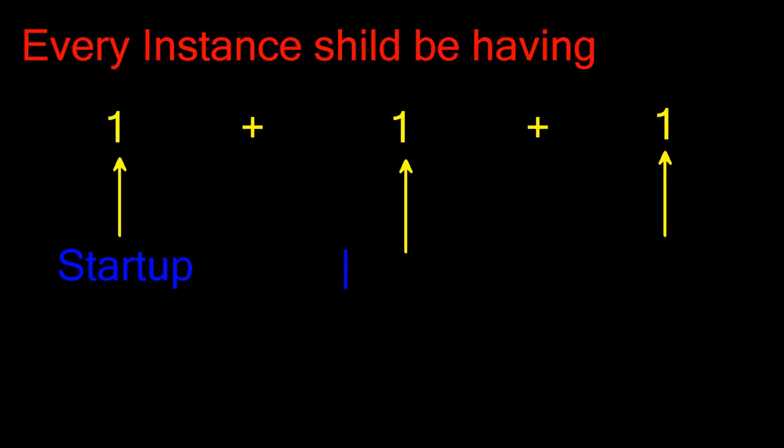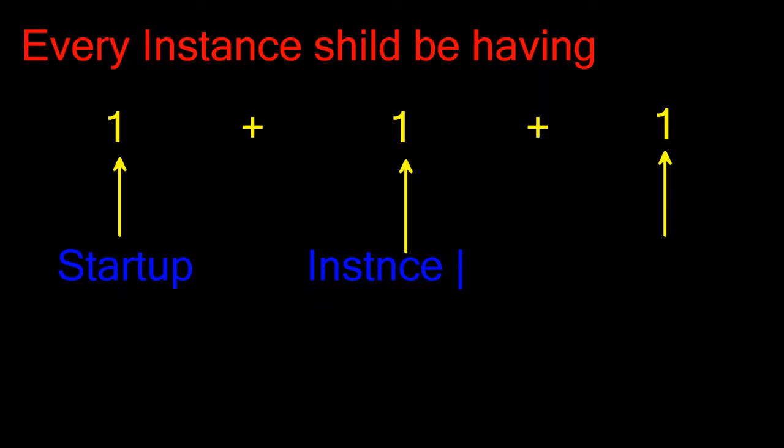Startup profile is compulsory, instance profile. Central instance and dialog instance are different, and instance profile is different. Don't confuse here. So dialog instance, central instance, but here it is instance profile.